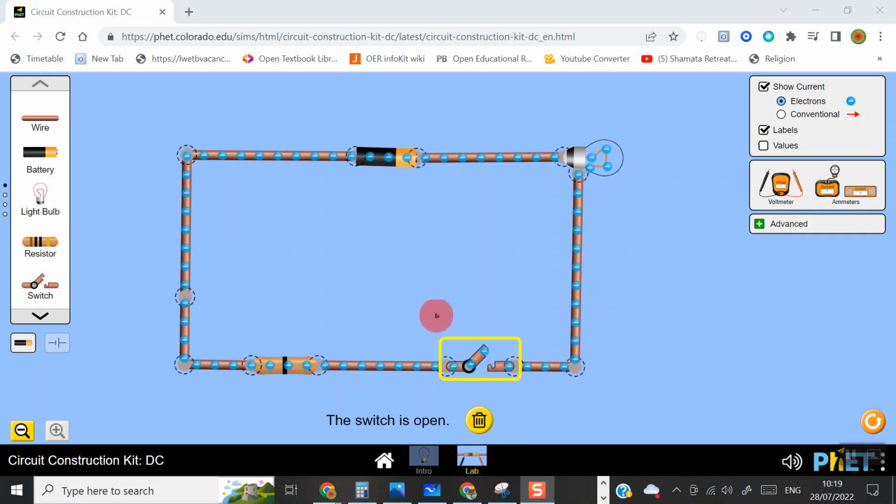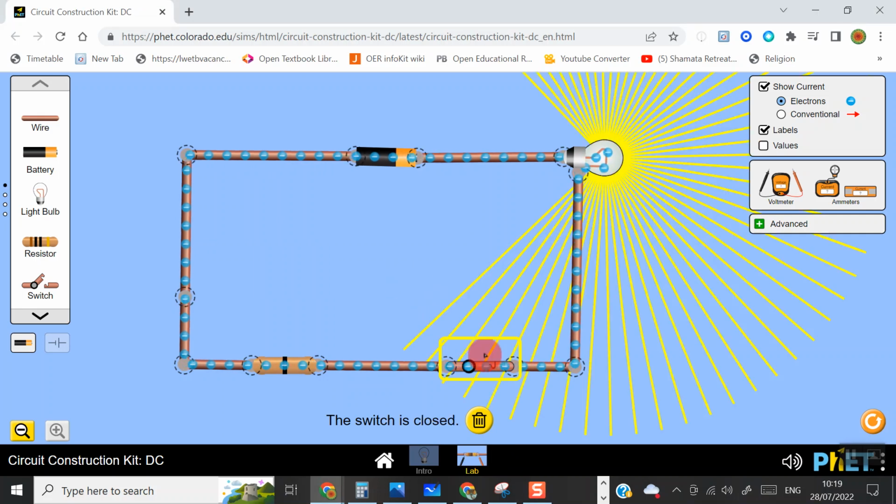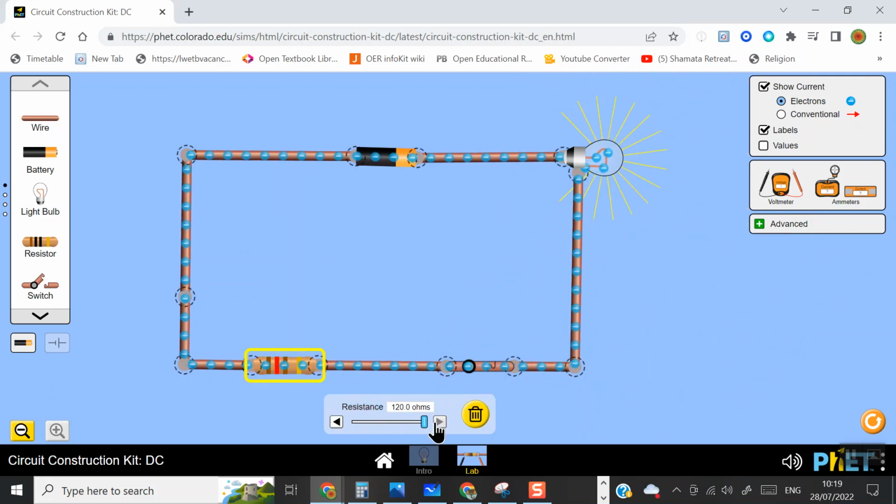So if we were to go back here to our circuit and switch on our circuit, instead of light shining on this resistor here, we imagine that it's temperature. So for example, when the temperature is very cold, there's a lot of resistance on the resistor. When it's in a really cold environment, it completely slows down the flow, or the current, of electricity moving through the circuit.